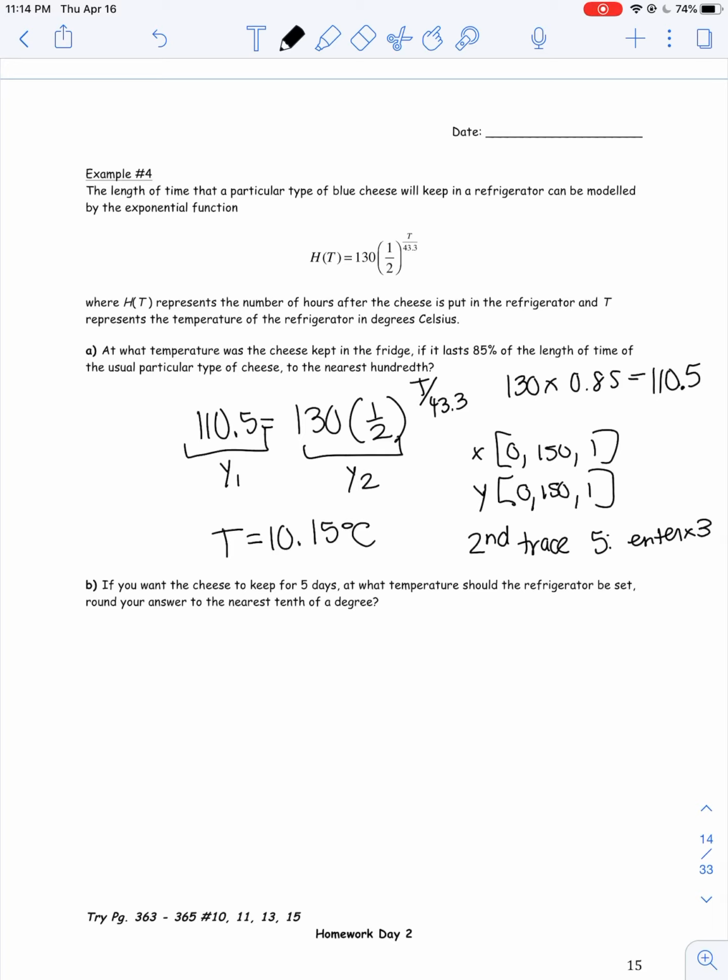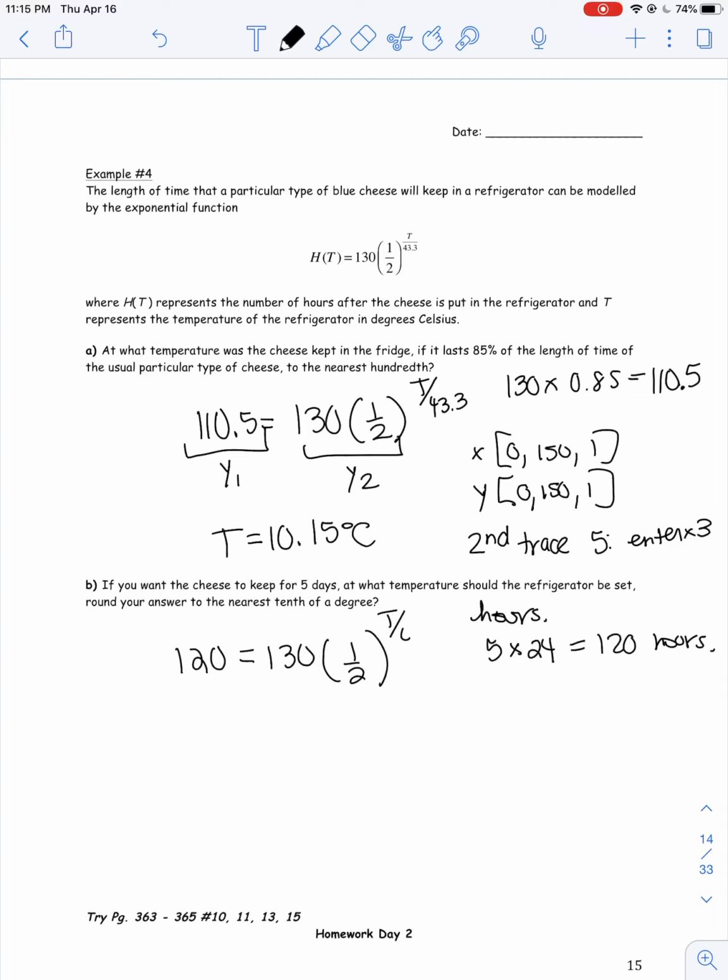Remember, our whole situation is in hours, so we're actually going to need to figure out the hours. So 5 days, you're going to have to multiply it by 24 hours in 1 day, and that gives you 120 hours total. So we know that we're going to get to 120 if we initially start at 130.